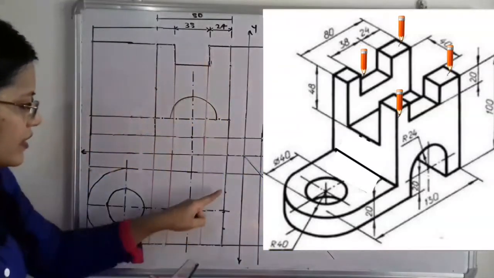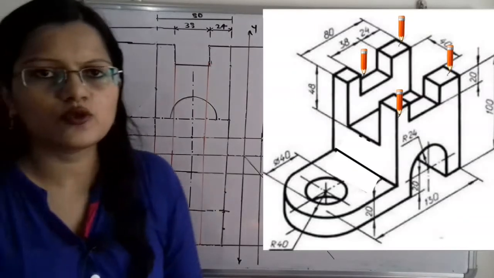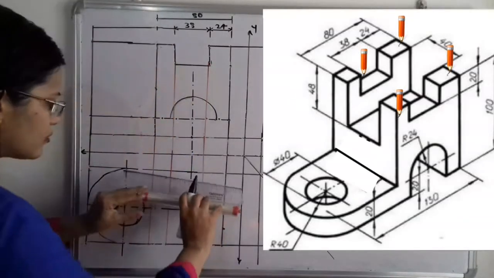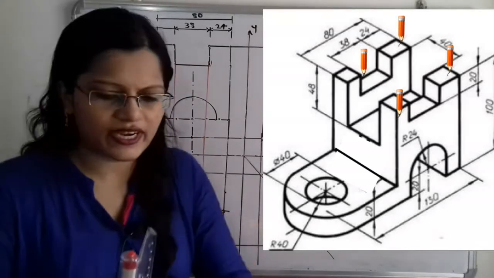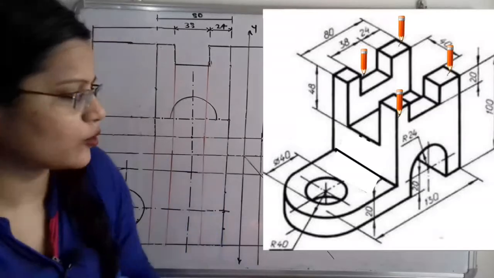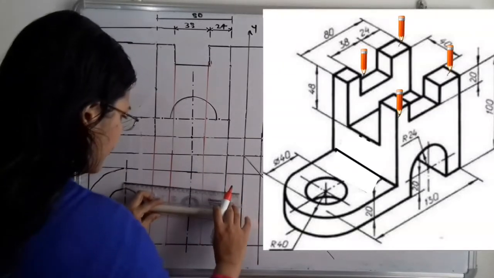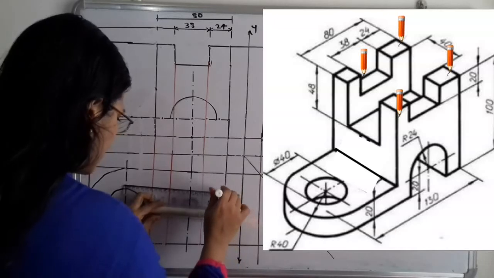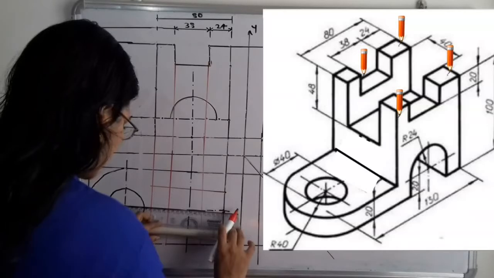Now we have to draw the horizontal lines passing through these points. We have to draw faint lines because these will be our projection lines. The main construction line I will show with the help of a black marker.